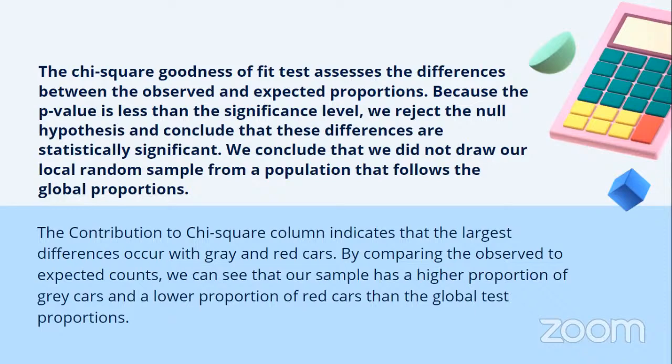We conclude that we didn't draw our local random sample from a population that follows the global proportions. The contribution to chi-square column indicates that the largest differences occur with gray and red cars. By comparing the observed to expected counts, we can see that our sample has a higher proportion of gray cars and a lower proportion of red cars than the global test proportions.